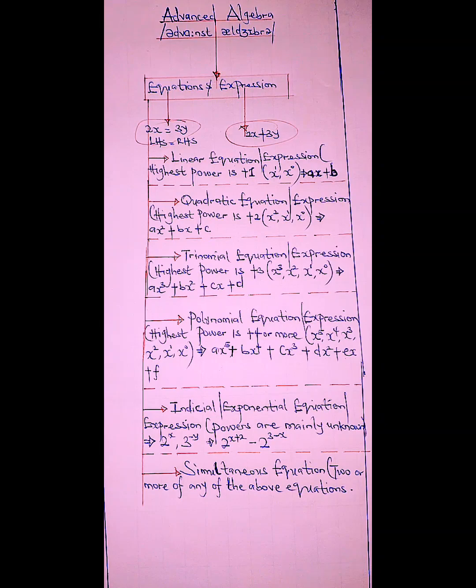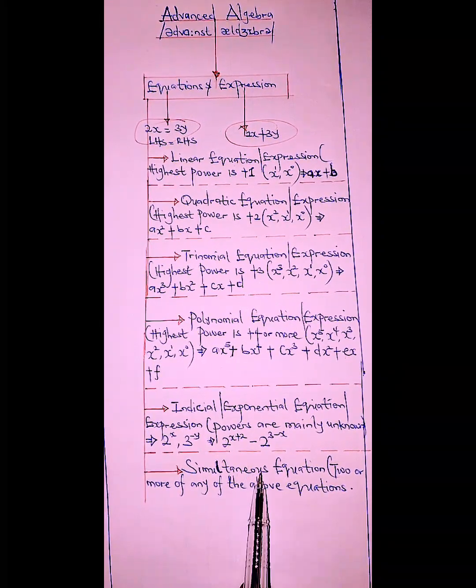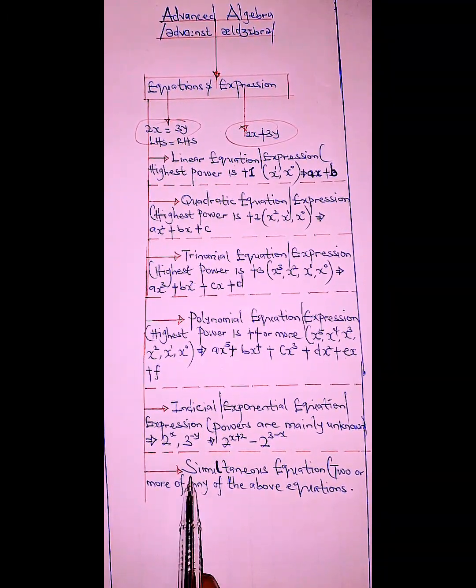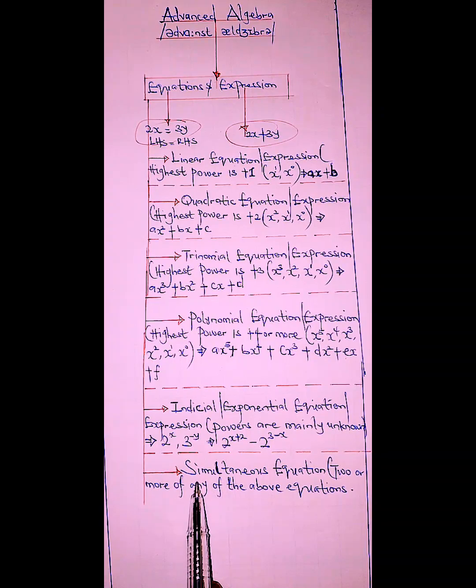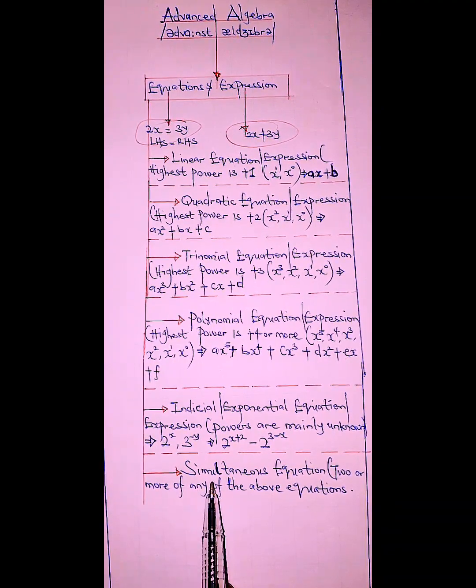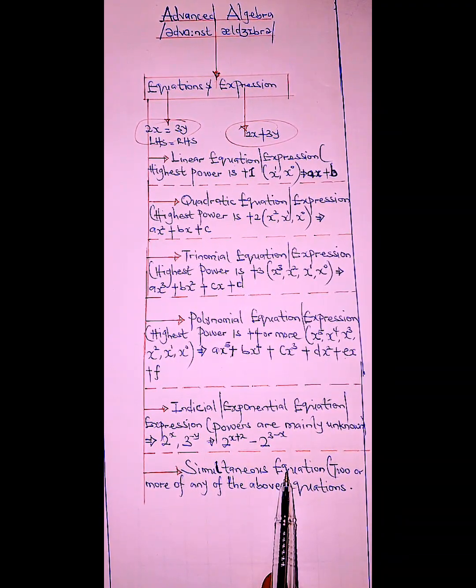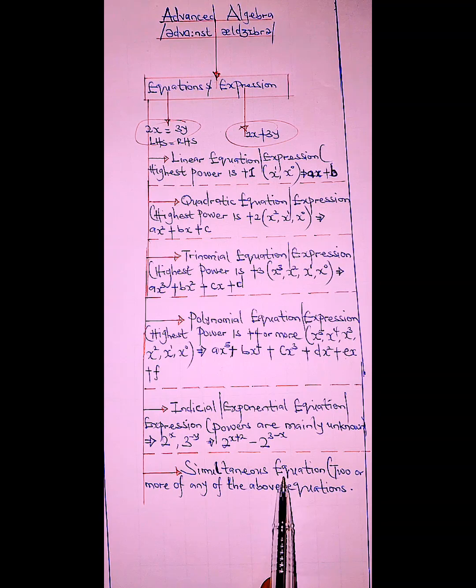So the last equation we're going to be looking at is what we call the simultaneous equation. Now, when we talk about a simultaneous equation, the word simultaneous itself is mainly an English word that means two or more things being done at the same time.